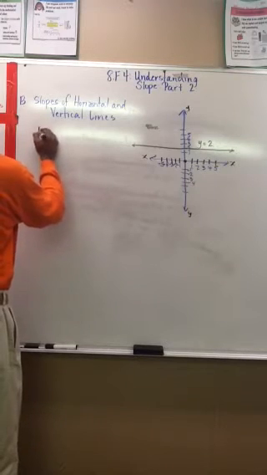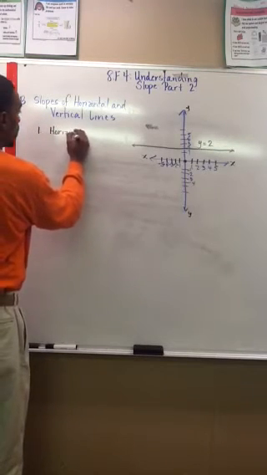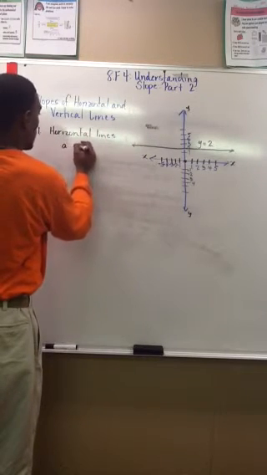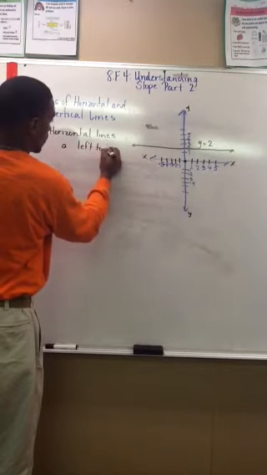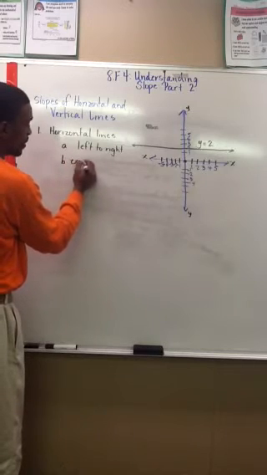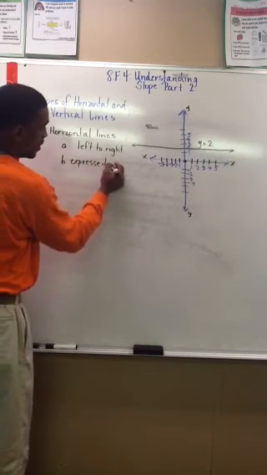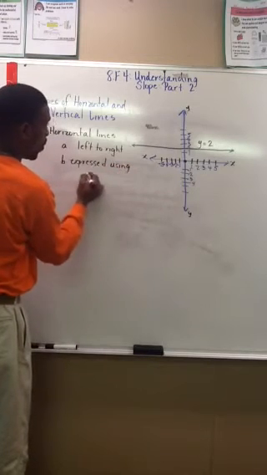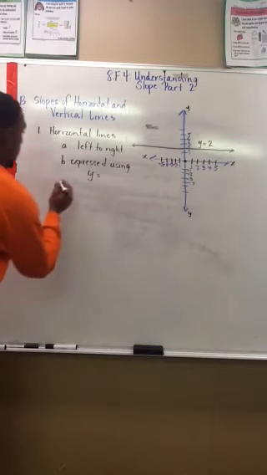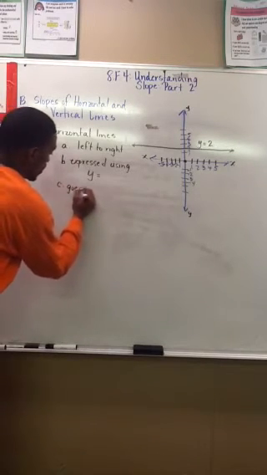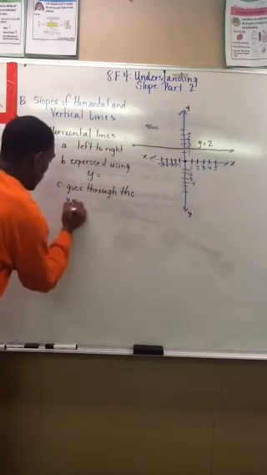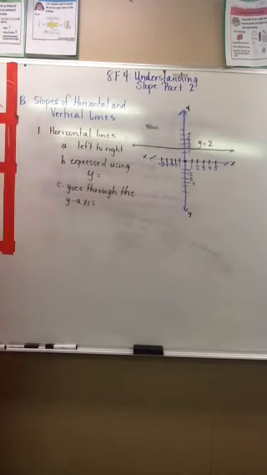So horizontal lines go left to right, that's the direction, and they are expressed using y equals, and it goes through the y-axis.